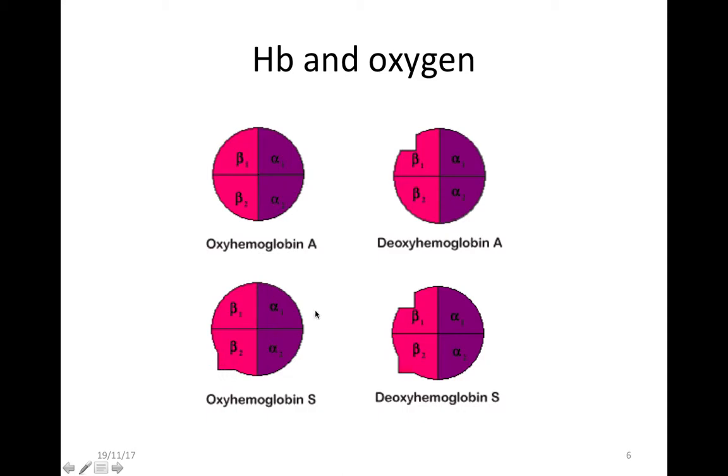After releasing the oxygen in the tissue cells, whether it is oxyhemoglobin A or sickle hemoglobin, it will have an inherent notch at amino acids 85 to 87, and sickle hemoglobin will have both.